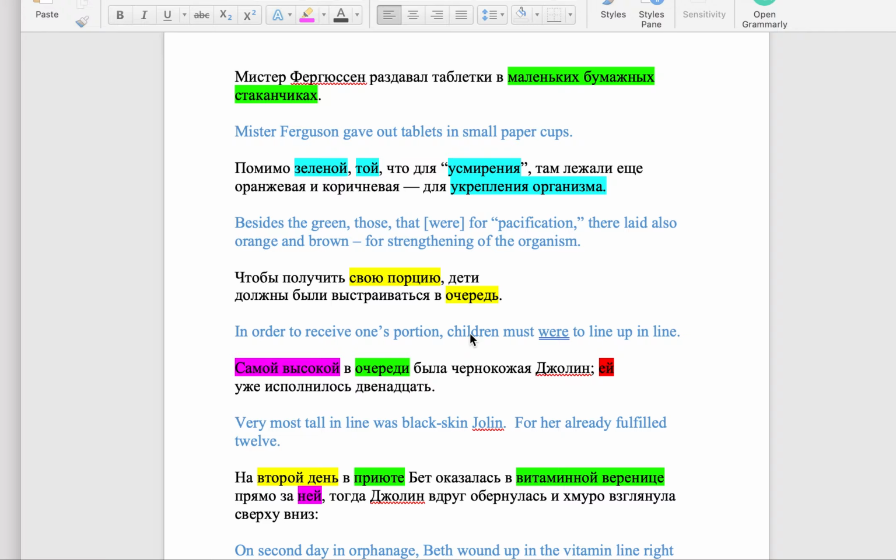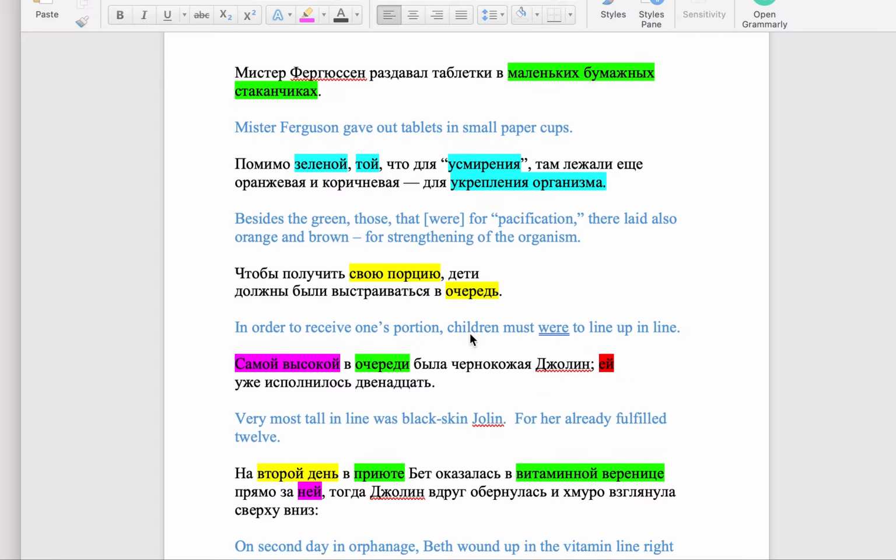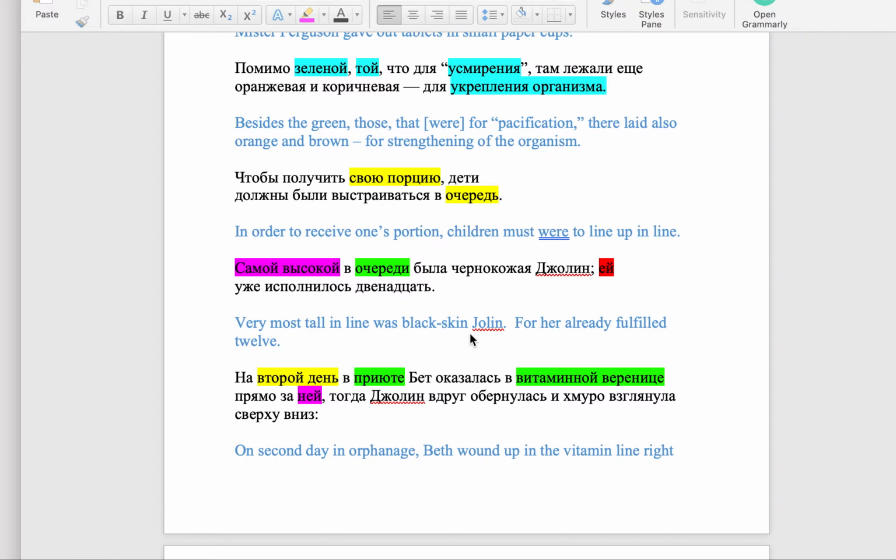So it's for the strengthening of the organism. So both of those are in the genitive case. So ukreplenie turns into ukreplenia. Organism turns into organisma. Organism is a masculine noun, and so in order to make it into the genitive, you would need organisma.